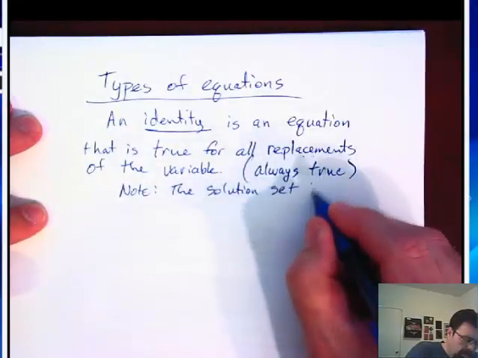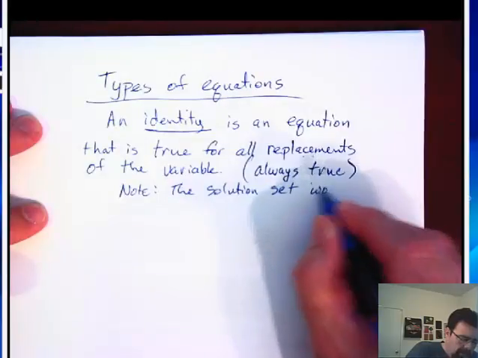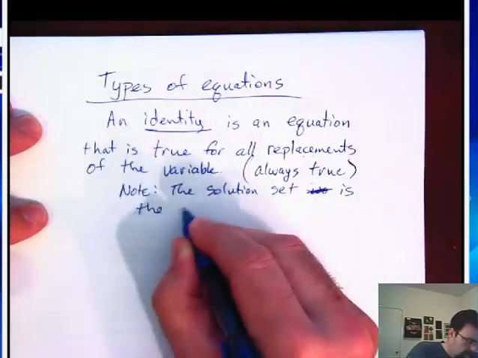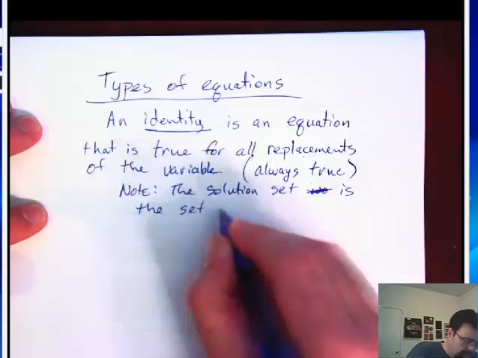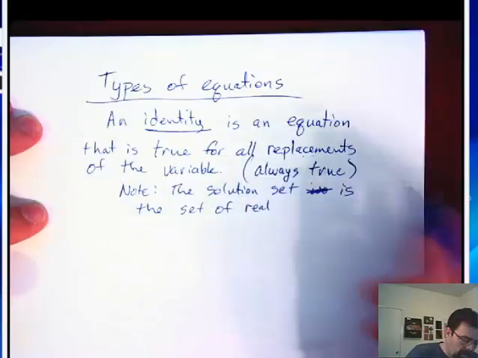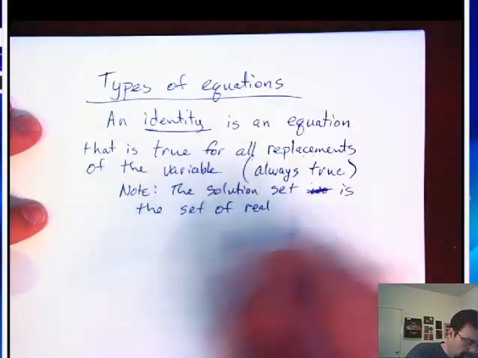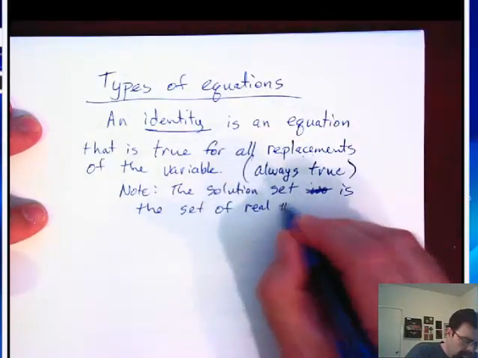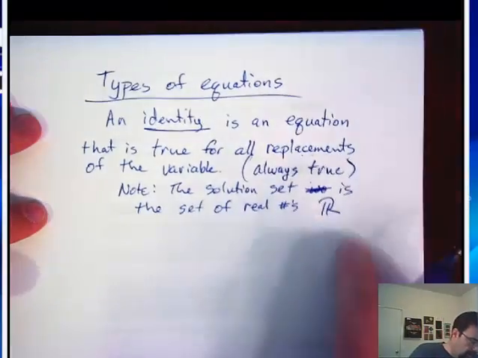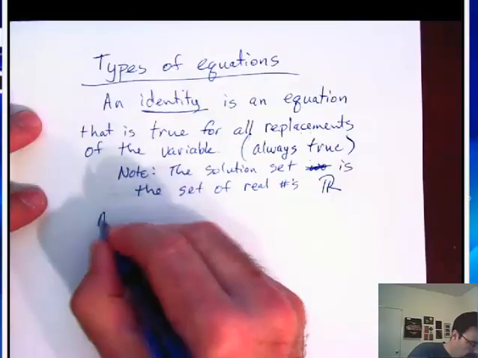So the solution set is the set of real numbers. Because everything works. If it's always true, everything works. And again, the symbol for that would be there. Okay, so the set of all real numbers.